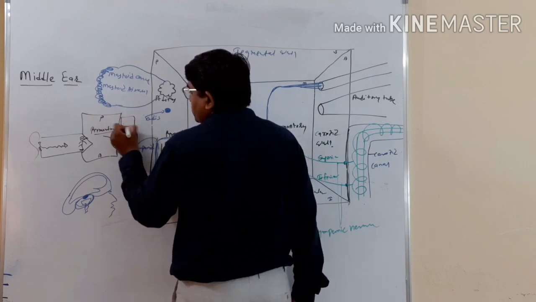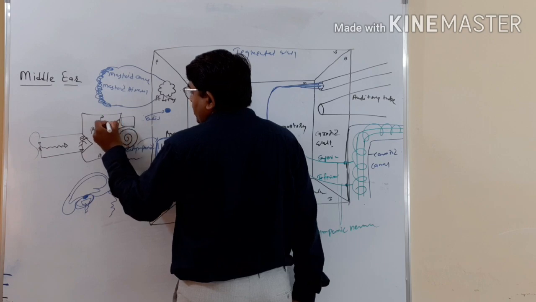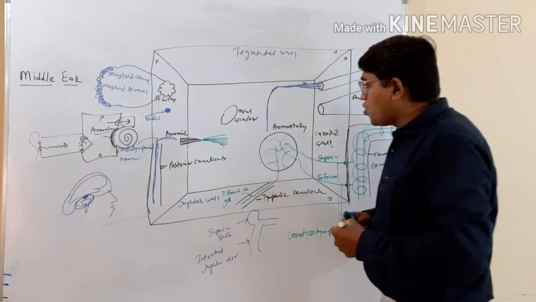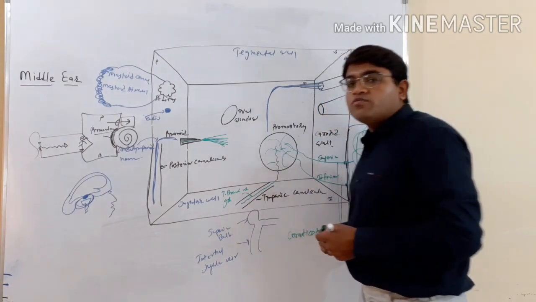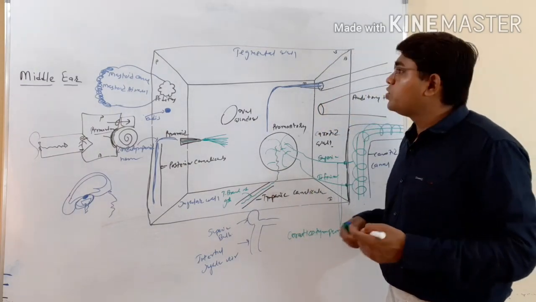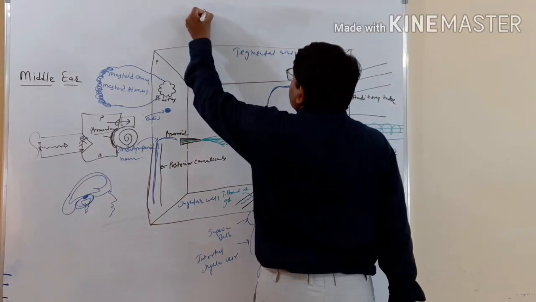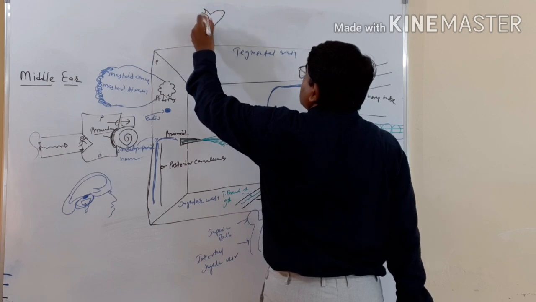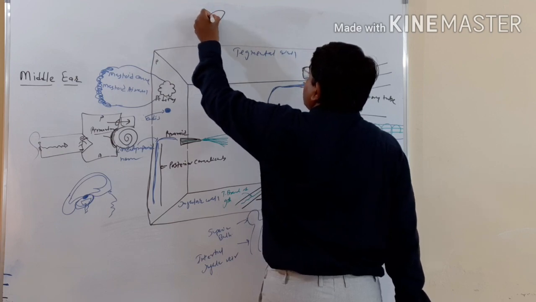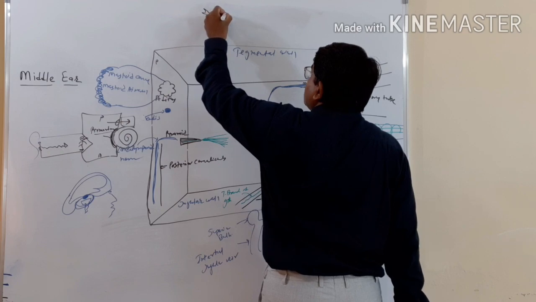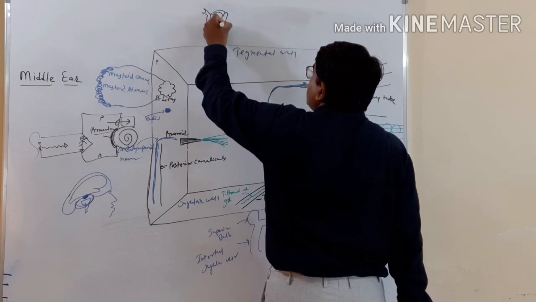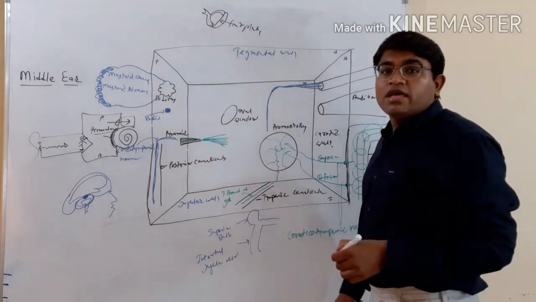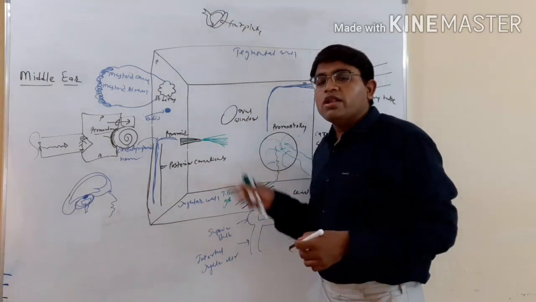Here is the vestibule. The oval window opens into this vestibule, and it is closed by the footplate of the stapes bone. The stapes bone looks like this. So this footplate of the stapes is lodged into this oval window.